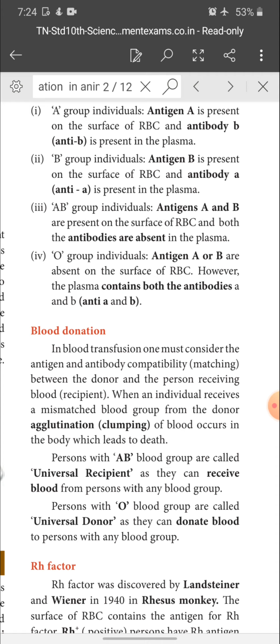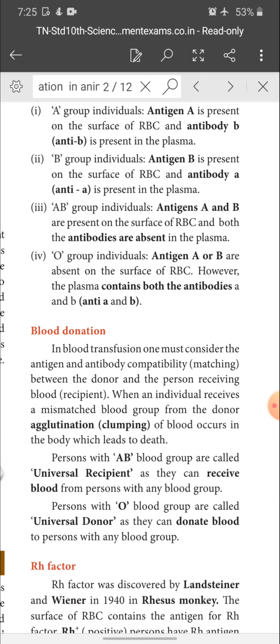During blood transfusion, we should consider this screening of blood. Next, who gives blood to whom? AB blood group is commonly called what? Universal recipient. Why do they say universal recipient? They can receive blood from any blood group person.